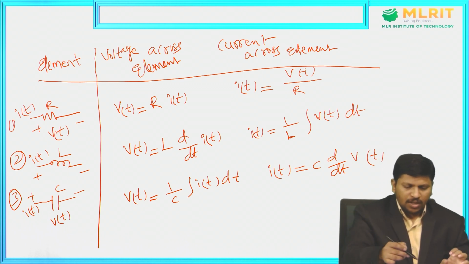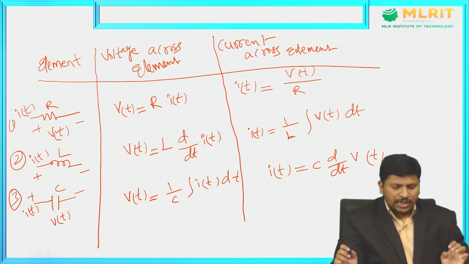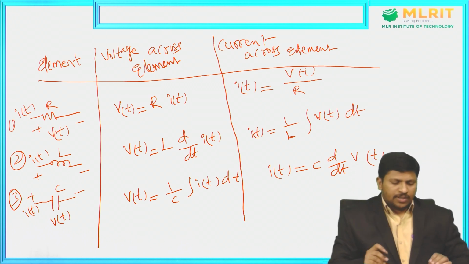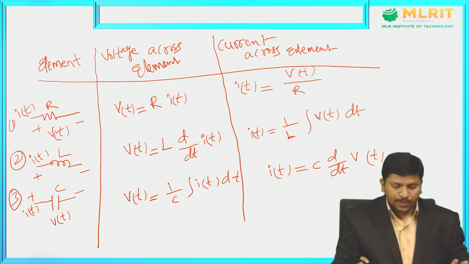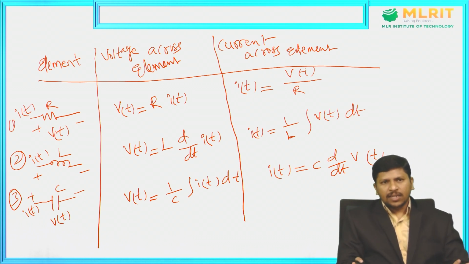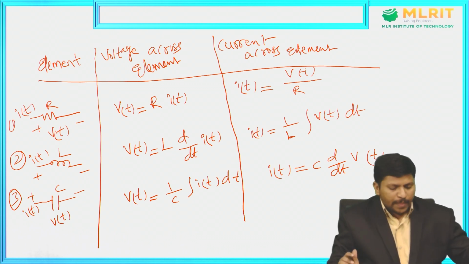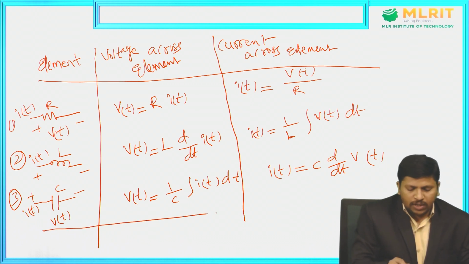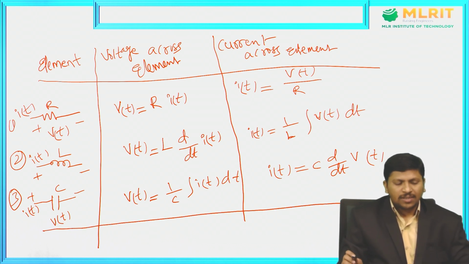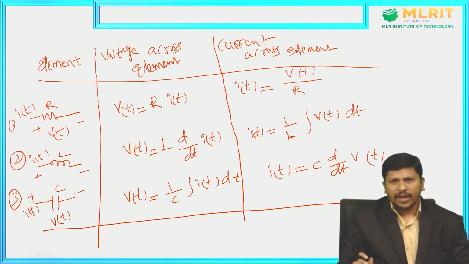This is the basic table for designing any electrical system. We use these formulas to solve problems on electrical systems and calculate the transfer function. This is the table of voltage-current relations for the resistor, capacitor and inductor.